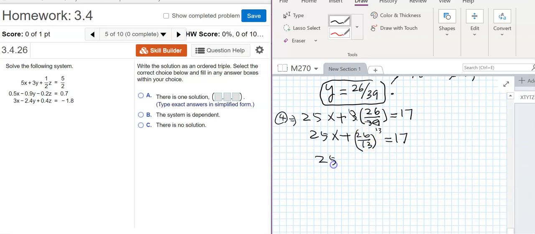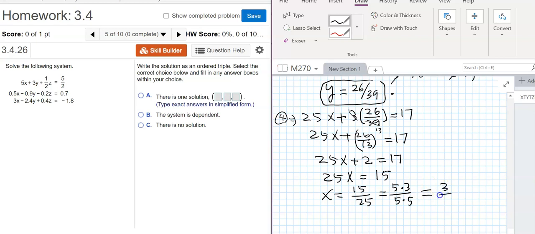That's 2. 25x plus 2 equals 17. So 25x equals 15. So x equals 15 over 25, which is 5 times 3, 5 times 5, so 3/5.